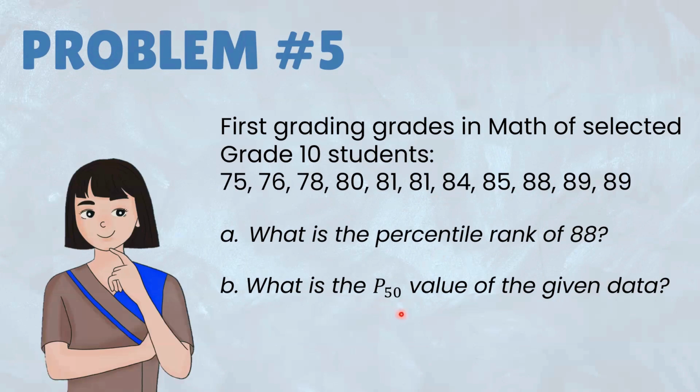And what is the percentile 50 value of the given data? This time, we are presented with a different scenario. We are given the percentile value, in this case 88, and we will look for its percentile rank. All right, let's begin.